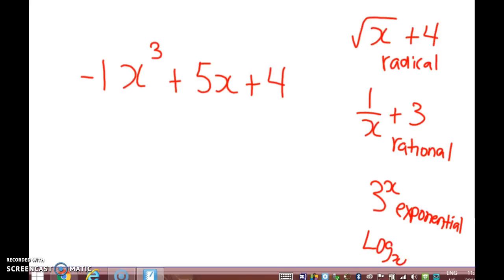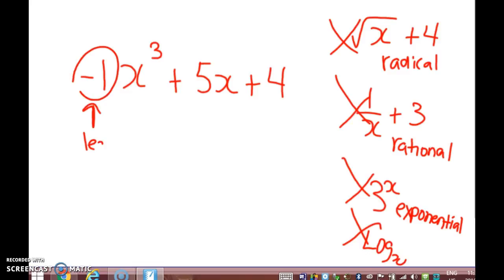So something that is just a normal equation, like a trinomial, or it could have something of the fourth power, that's a polynomial. These are not. There are key points to a polynomial that help us figure out what they look like. This is the leading coefficient.